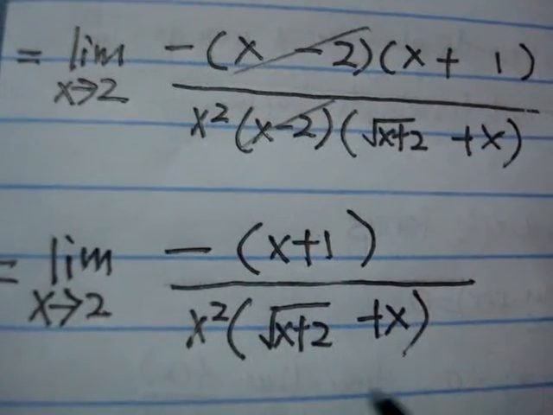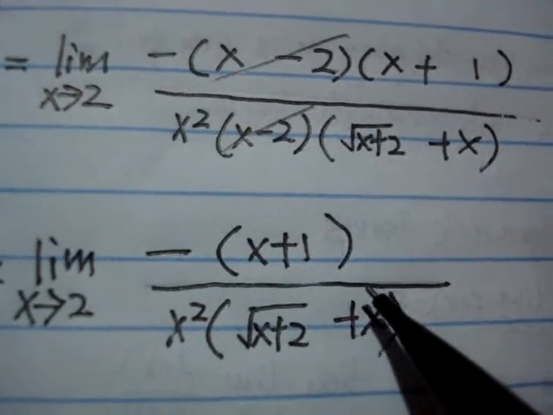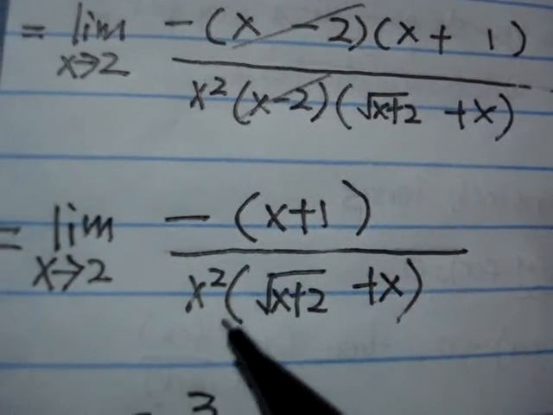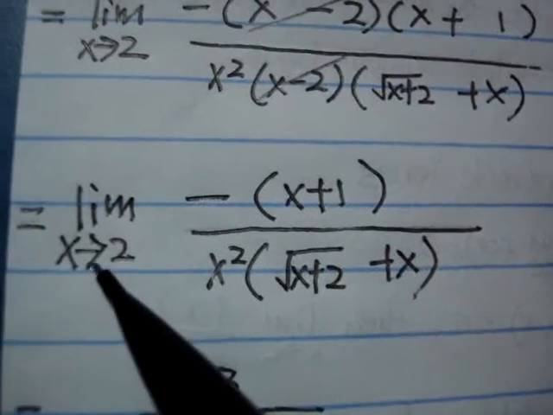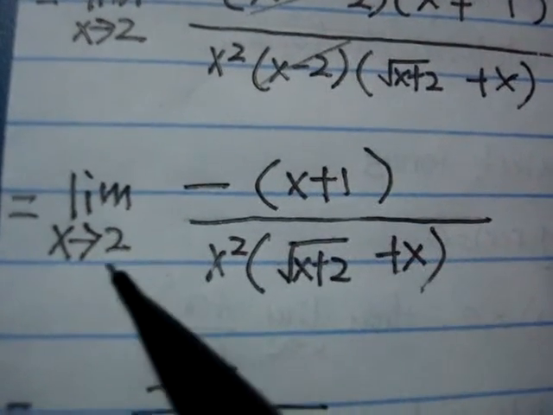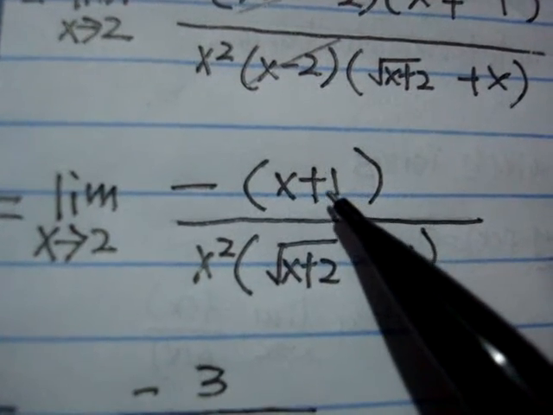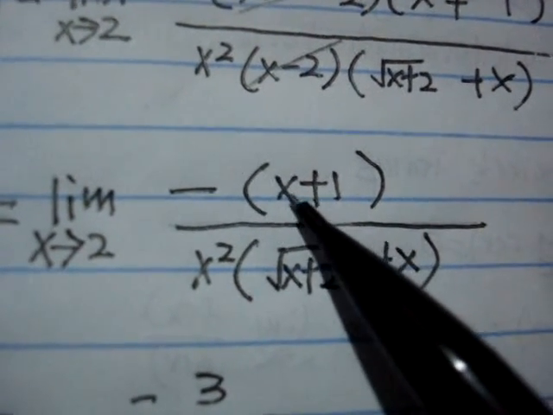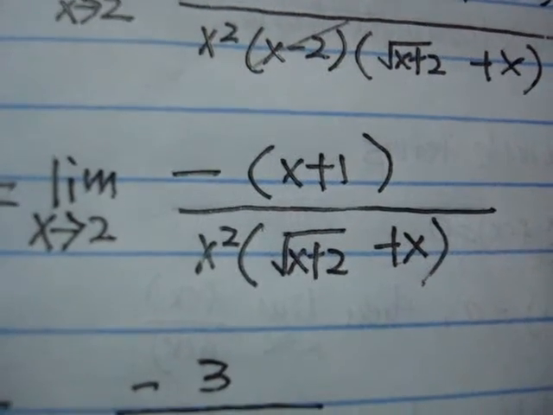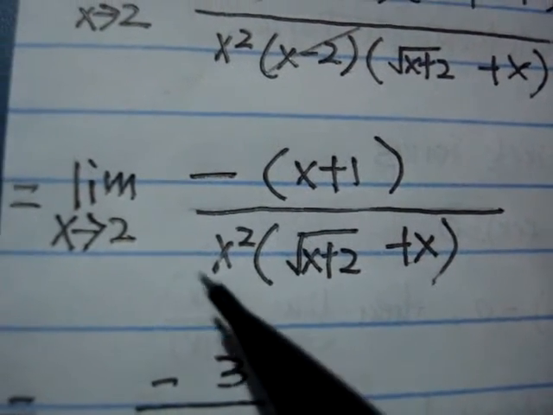Once you have all this simplified form, you can use the substitution method. So every x that you see right here, just plug in 2. So 2 plus 1 becomes 3. 3 times negative 1 becomes negative 3.